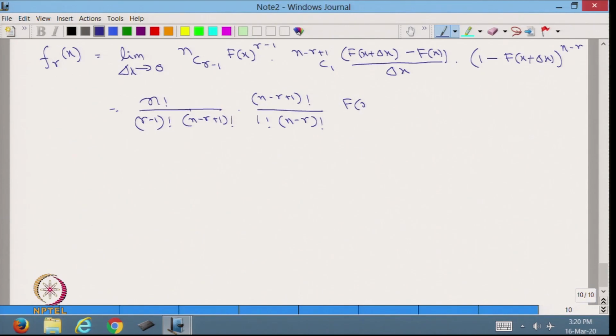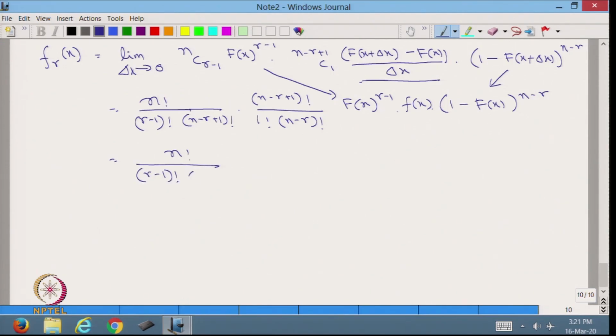Now, this gives us F(x) to the power r minus 1, this gives us f(x), and from here we get 1 minus F(x) whole to the power n minus r. So it equals n factorial upon (r minus 1) factorial (n minus r) factorial into F(x) to the power r minus 1, f(x), 1 minus F(x) to the power n minus r.